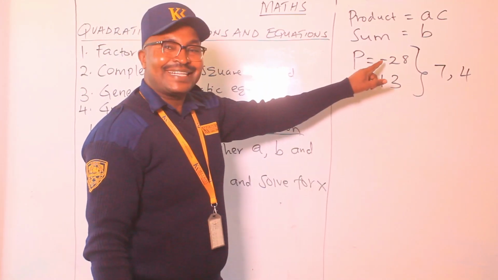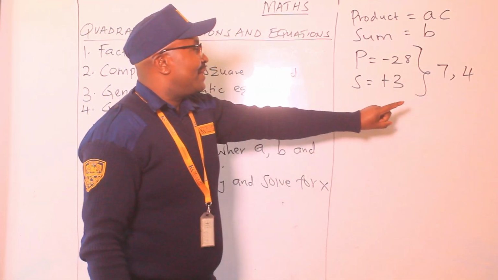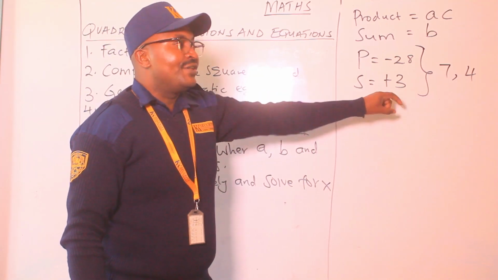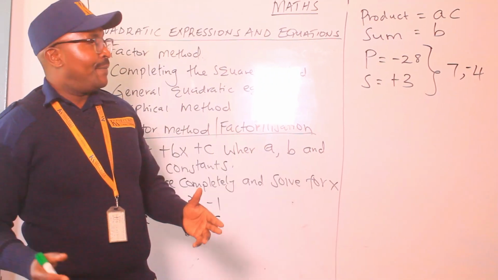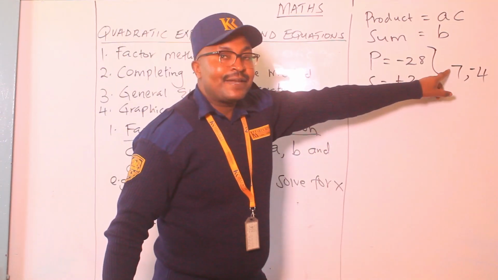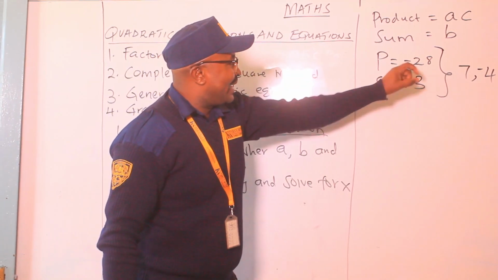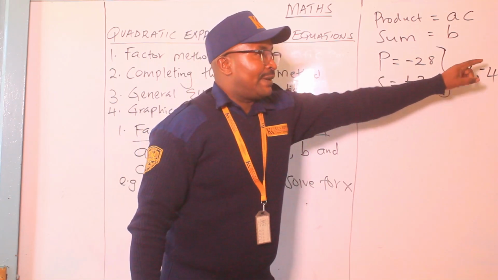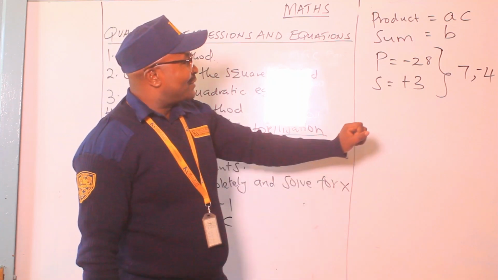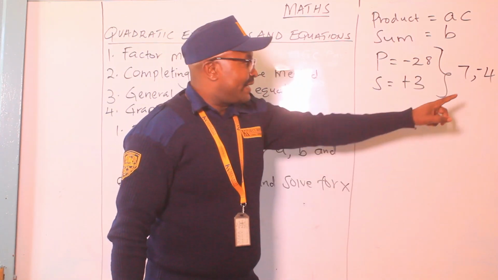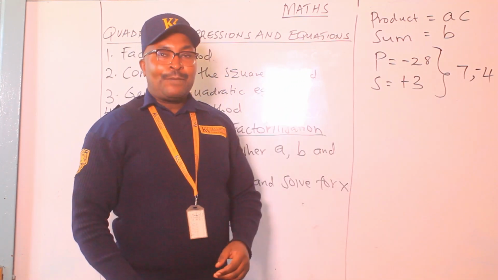But now we want negative 28, and when you add these two numbers, they must give you positive 3. So we can have our 4 being negative 4, because a positive 7 multiplied by negative 4 gives negative 28. A positive number multiplied by a negative number gives a negative number. Then if you add 7 to negative 4, you get positive 3.